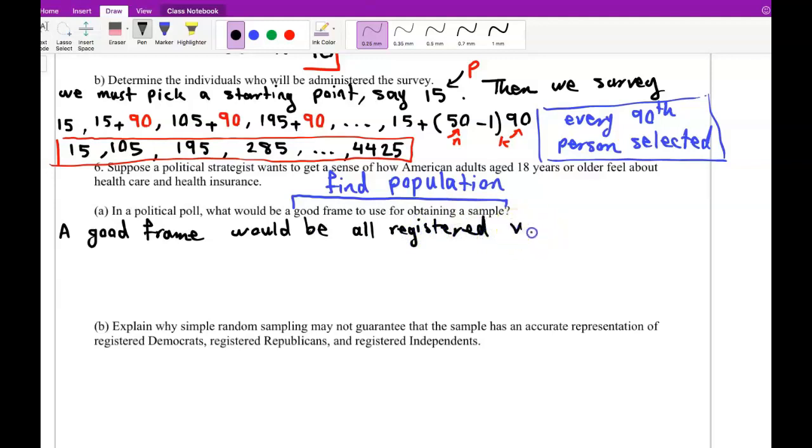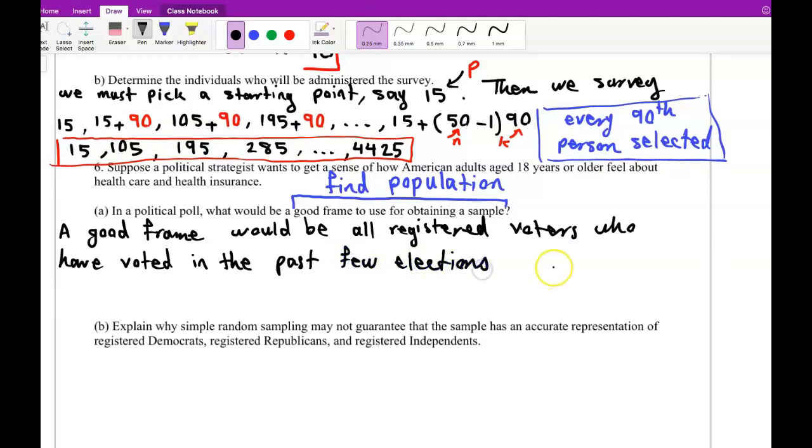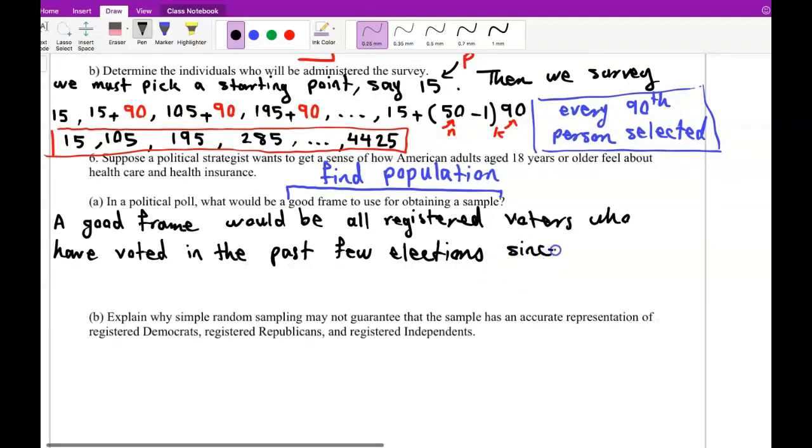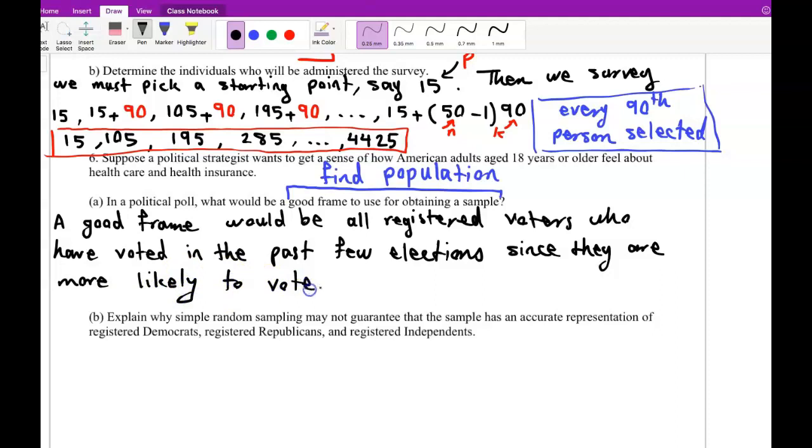It would be all registered voters who have voted in the past few elections, since they are more likely to vote. So this can be our population.